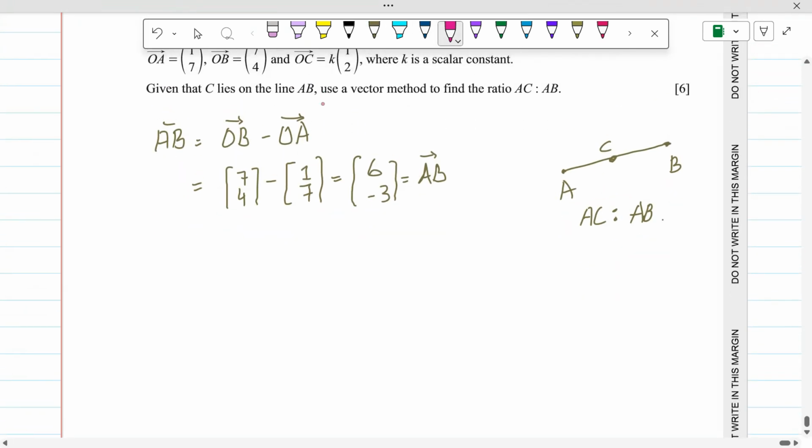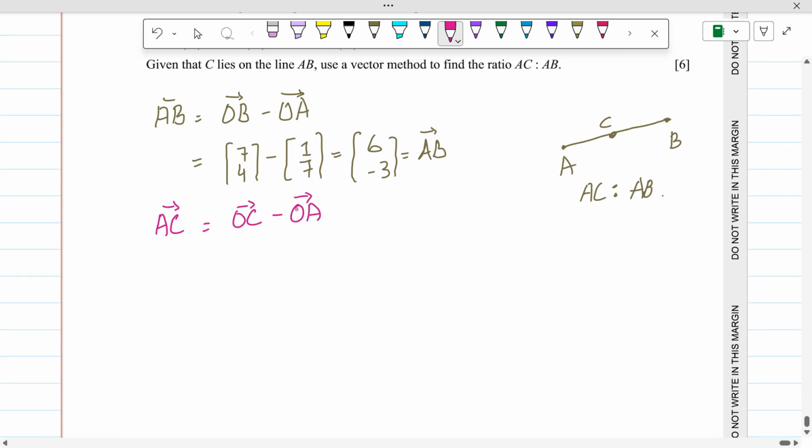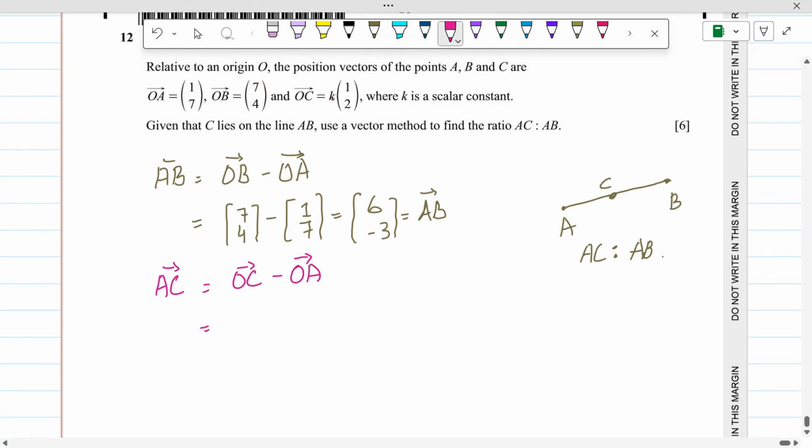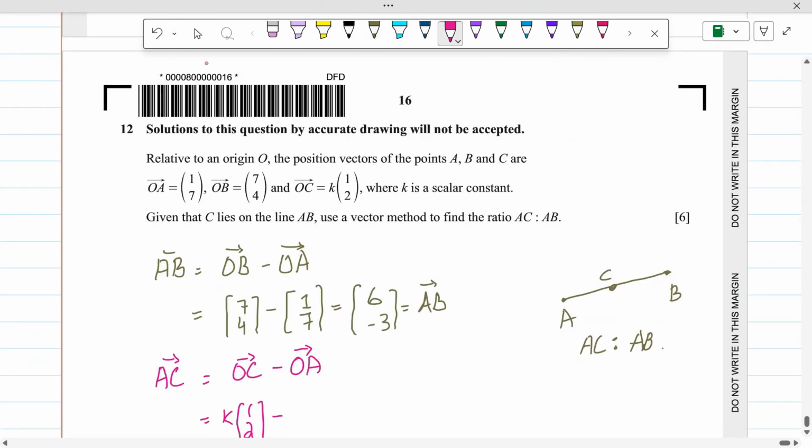Now we find AC. AC is equal to OC minus OA. OC is given, which is k times (1, 2), minus OA, which is (1, 7).